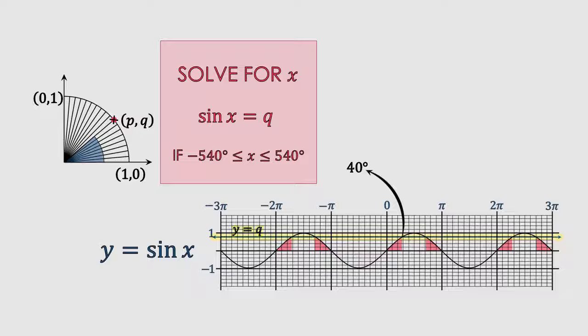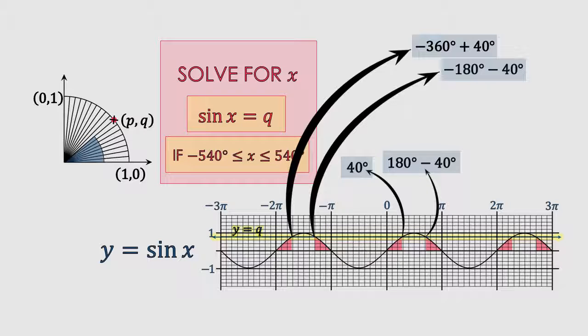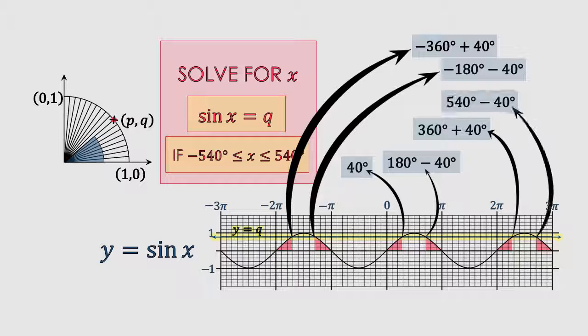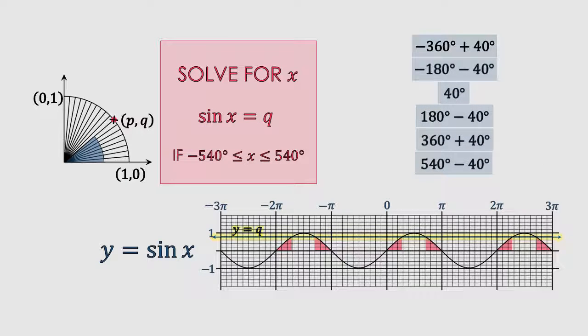Beginning with the smallest angle that is a solution to the equation and is within minus 540 degrees and plus 540 degrees, we have minus 360 degrees plus 40 degrees, minus 180 degrees minus 40 degrees, good old 40 degrees, 180 degrees minus 40 degrees, 360 degrees plus 40 degrees, and 540 degrees minus 40 degrees. So there we have it, the solutions for x.